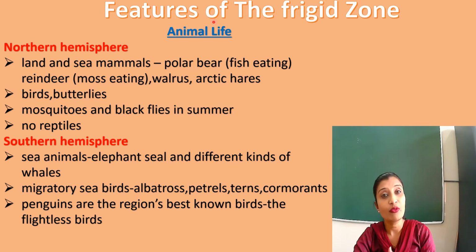These are types of birds. You will find penguins here. Penguins are also called flightless birds, means they cannot fly. All birds have wings and they can fly, but penguins are unable to fly. So they are called the flightless birds.